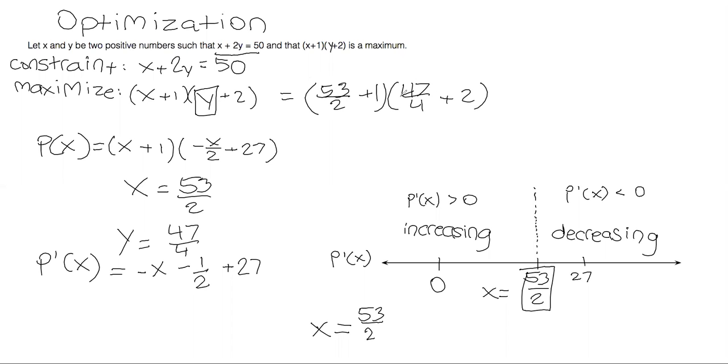And then let's find what this ends up being. So 53 over 2 is equivalent to 106 over 4. And 1 is equivalent to 4 over 4. We have 47 over 4 plus 2, not 2 over 4. 2 is equivalent to 8 over 4.